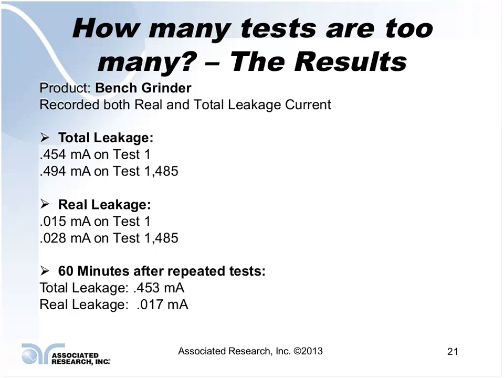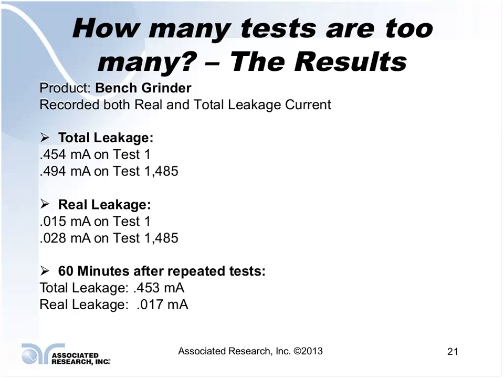We tried to record both the real and total current on the bench grinder itself. The total current on test number 1 was 454 microamps, or 0.454 milliamps. On test number 1,485, the leakage current was indicated 0.494 or 494 microamps.